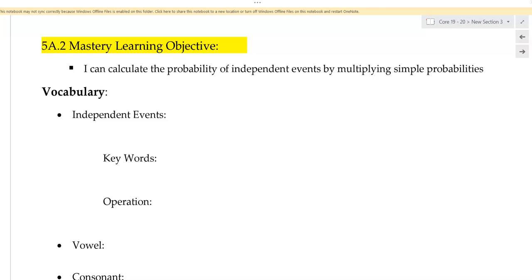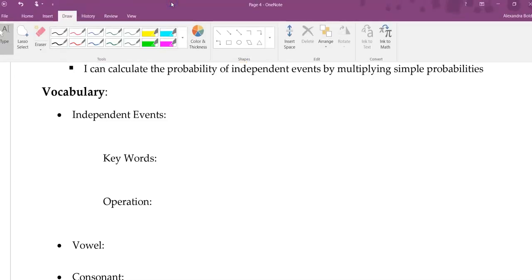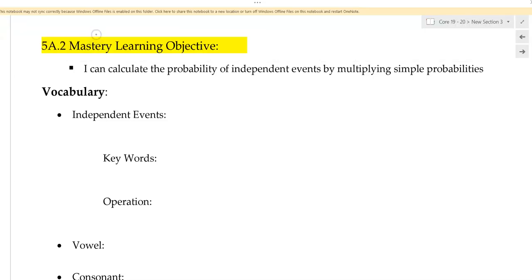All right, our 5A.2 mastery learning objective is I can calculate the probability of independent events by multiplying simple probabilities. So we need to know what independent events are. Independent events are events that do not affect each other.